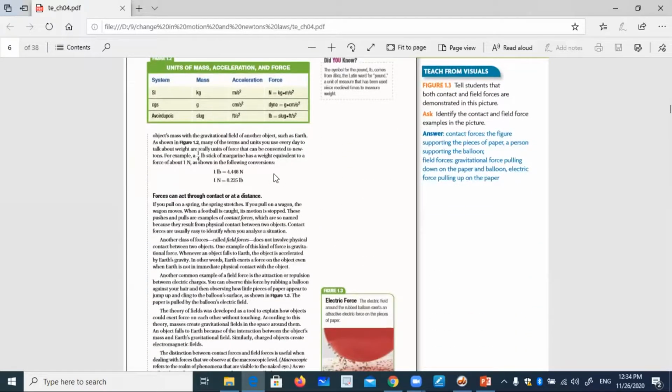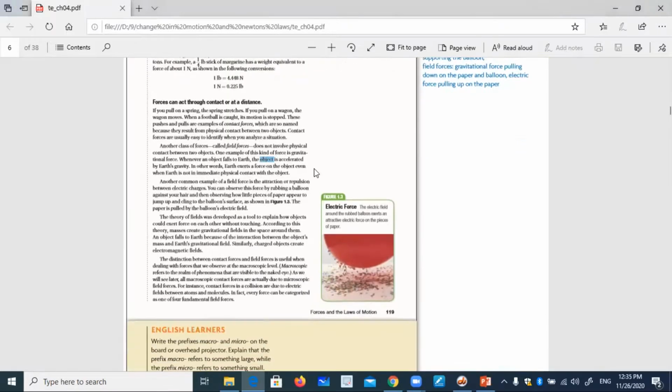If you want the opposite, from Newton to pound, you divide by. From bigger to smaller, you multiply. From smaller to bigger, you divide. From pound to Newton, multiply: big times small. From Newton to pound, divide by.